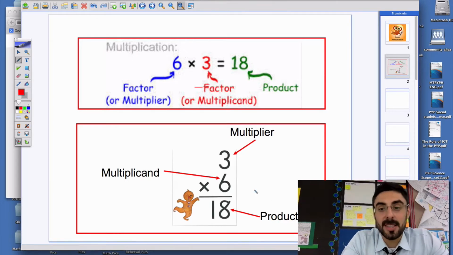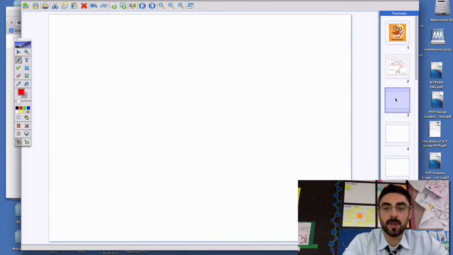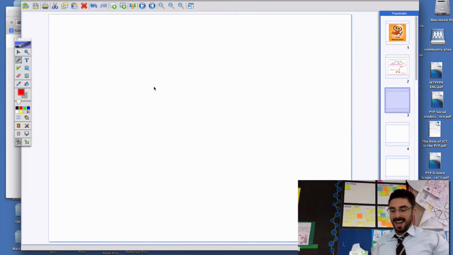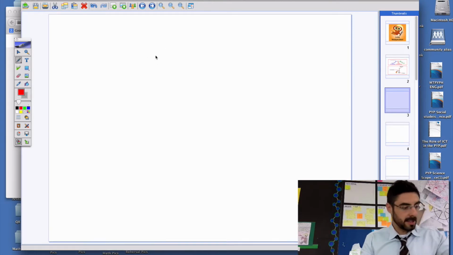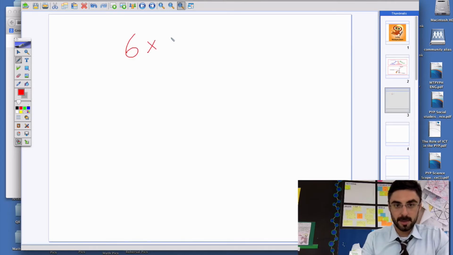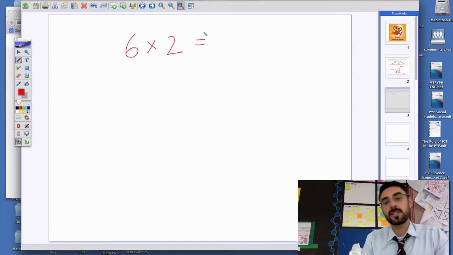So let's continue. Today we're going to have a look and see how we can multiply. Normally, a number like, let's say, 6 times 2, okay? You could write it this way, 6 times 2. And from your multiplication table, you guys know that the answer is 12. However, we could also write it this way.